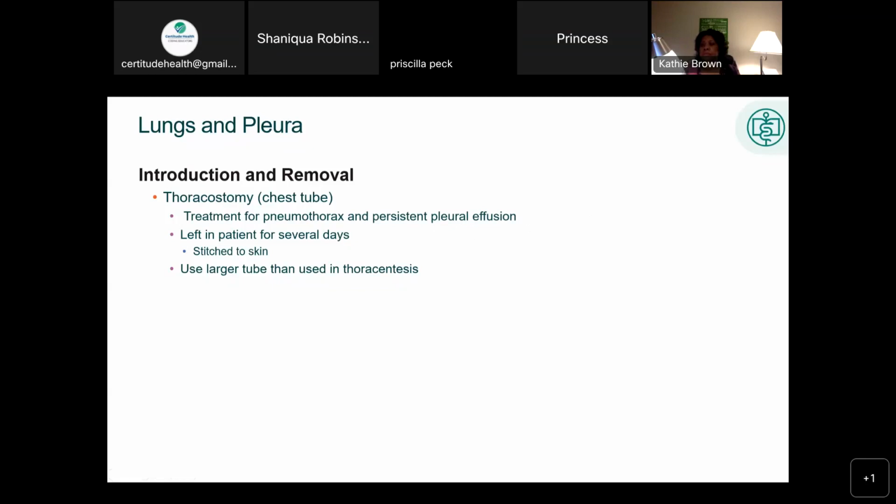So they will use a chest tube in that instance. They would leave it in for several days, and it is stitched to the skin. It looks painful. And if they're doing a thoracentesis, again, like an amniocentesis, but if they're removing fluid out of the thorax itself and not just in that pleural area, then they use a bigger tube, which means a bigger hole and bigger stitches.